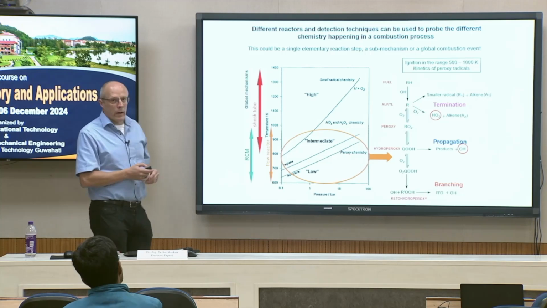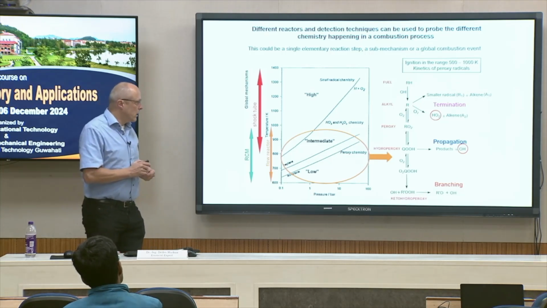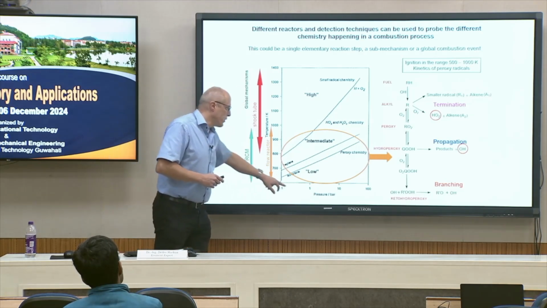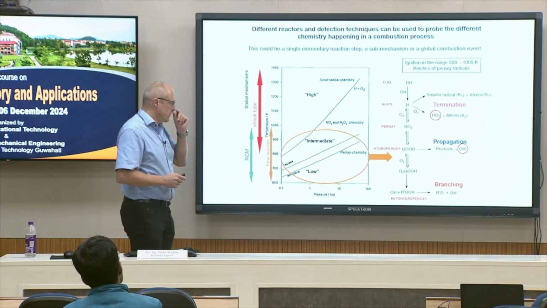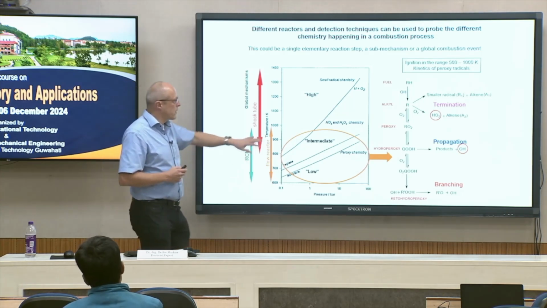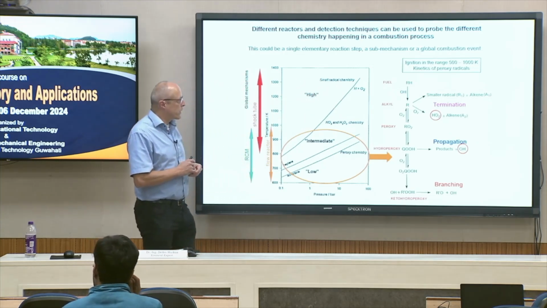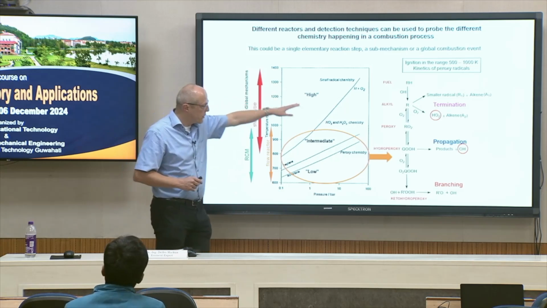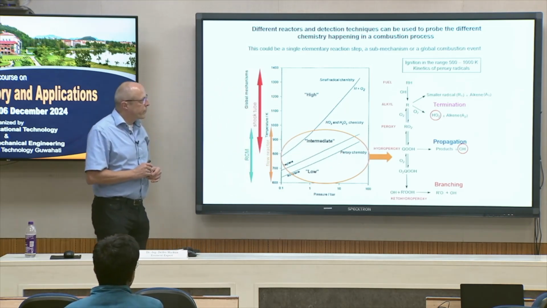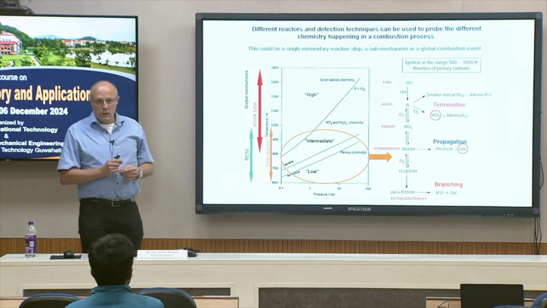So how can we examine this behavior? Here we have temperature and pressure, with different regimes. At high temperatures, we have this small radical chemistry; at lower temperatures, this peroxy chemistry.